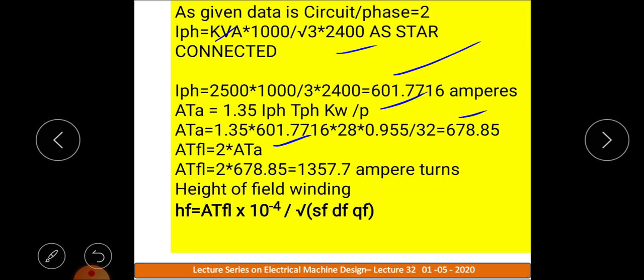We are going to take it as 2 into ATA. So 2 into 678.85, we are going to get 1357 ampere turns. Now using this equation, the field ampere turns required is calculated.